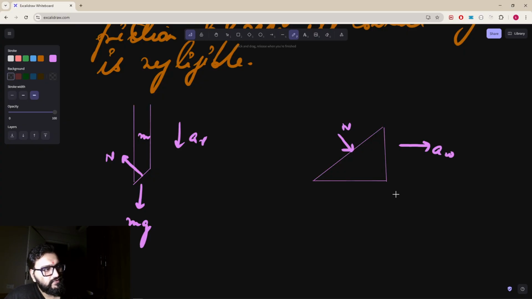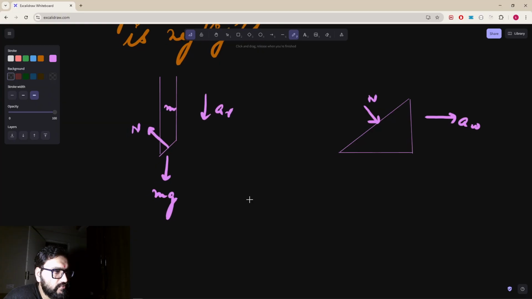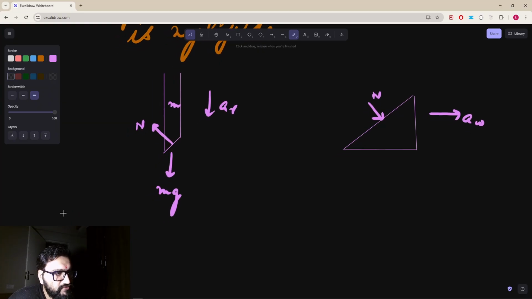Let's write down some force equations. By the way, this angle is alpha, so this angle is also going to be alpha, and this angle is alpha as well.